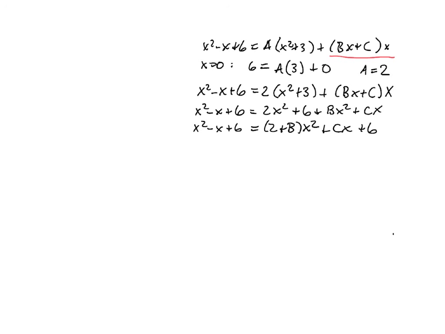Notice that the 6's match up perfectly, and when we equate the coefficients of x squared and the coefficients of x, we end up with 2 plus b equals 1, so b equals -1, and c also equals -1 from the blue bits.